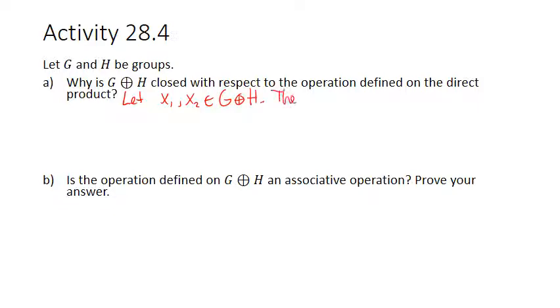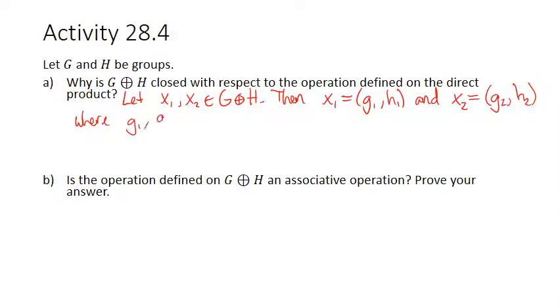Then because they're in there, X1 has to be some ordered pair like this, (g1, h1), and X2 has to also be an ordered pair, which we'll call (g2, h2), where g1, g2 are in G, and h1, h2 are in H.